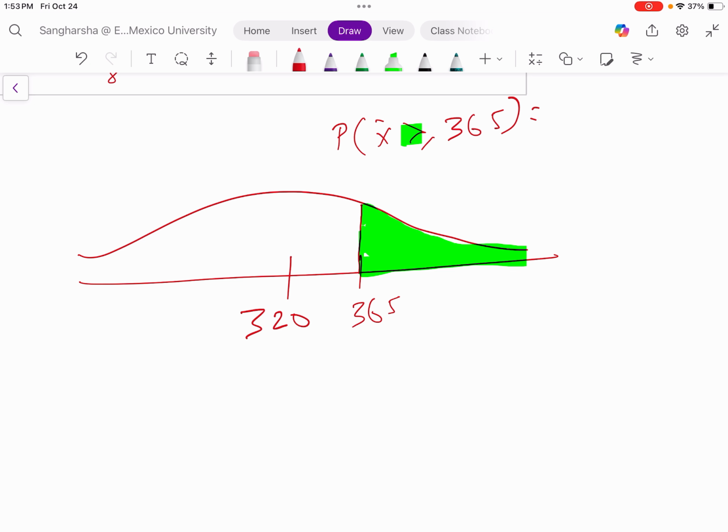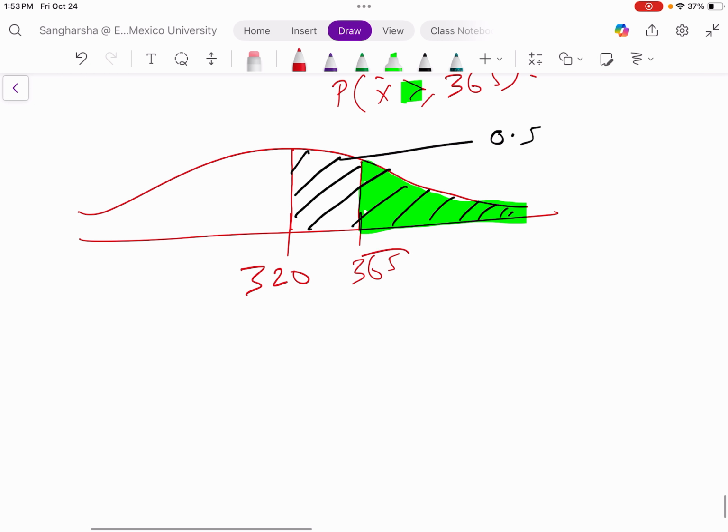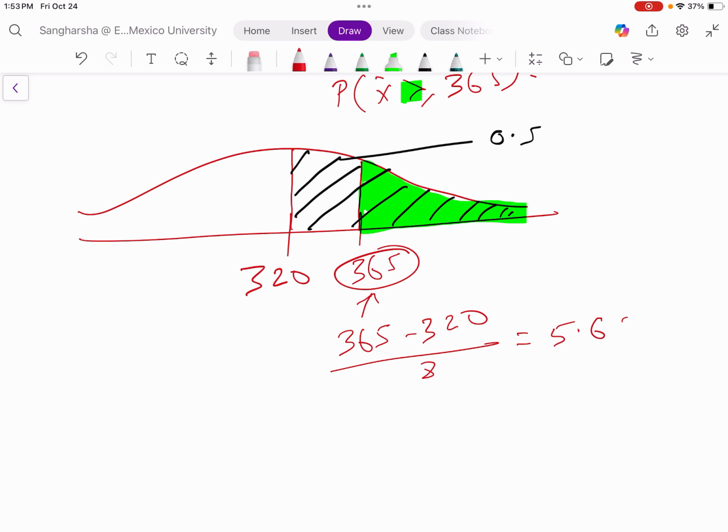We know this black shaded region is 0.5. Now we convert into z. So 365 minus 320 divided by 8 is 5.63.